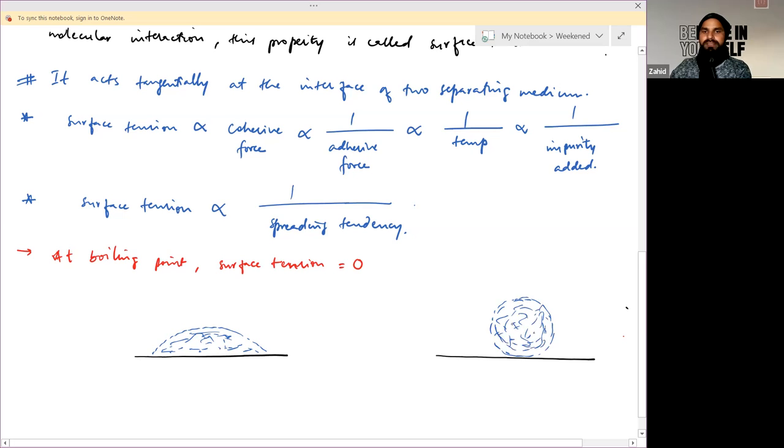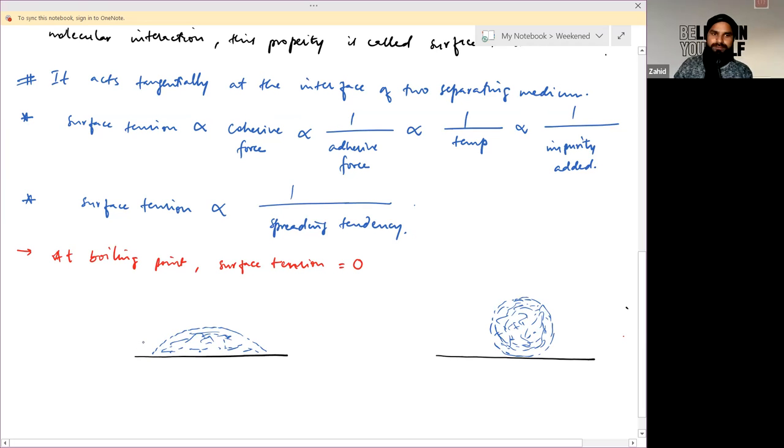It means particles of mercury have stronger cohesive force as compared to adhesive force. That's why they remain in a combined state or remain spherical.